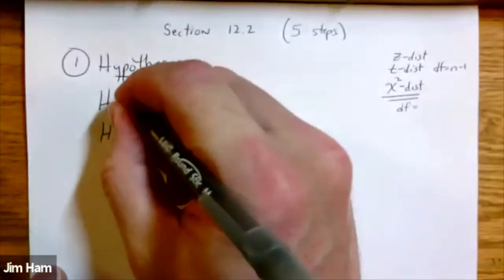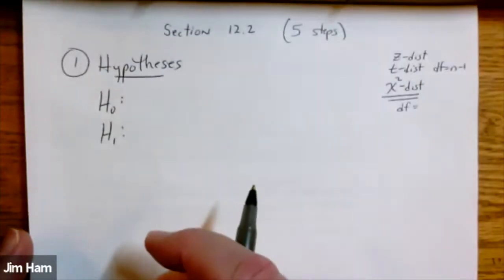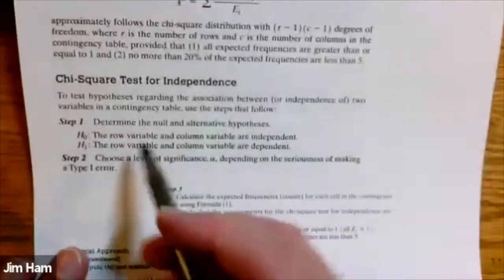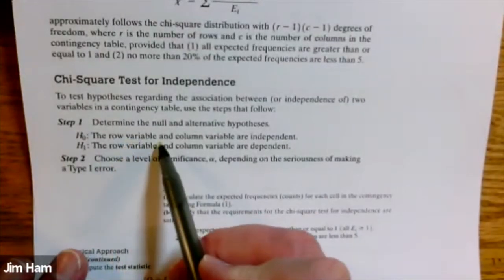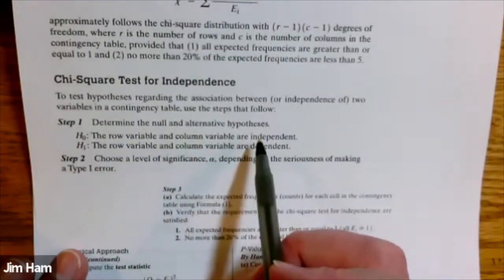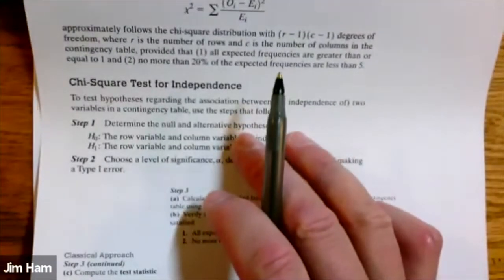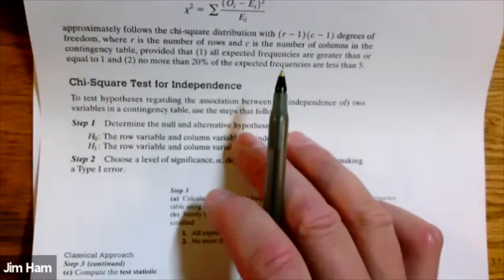And so the way that we're going to write this hypothesis is in this way. The row variable and the column variable are independent. If they're independent, the knowledge of whether a person is a male or a female gives us no information about how they're going to respond to this marriage happiness question.